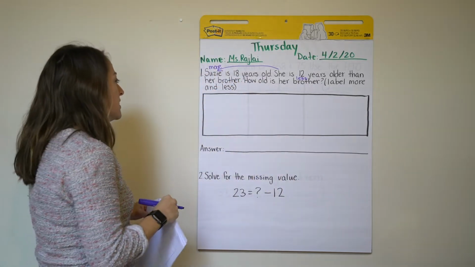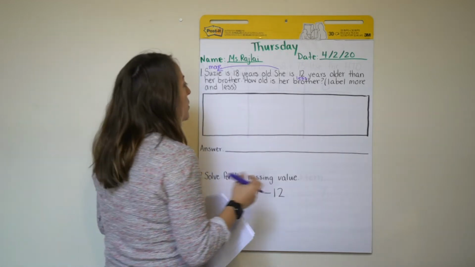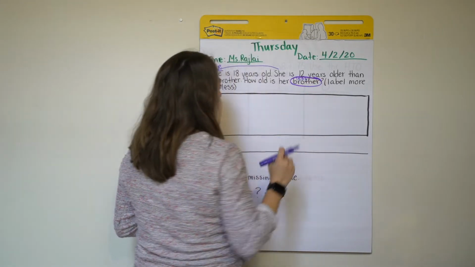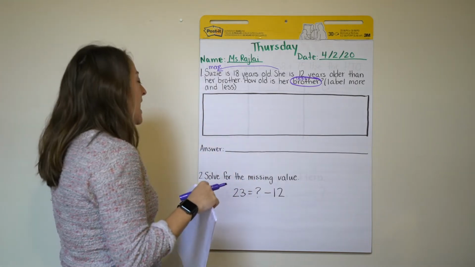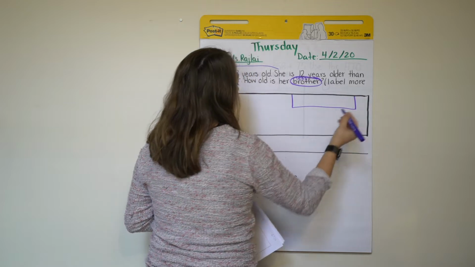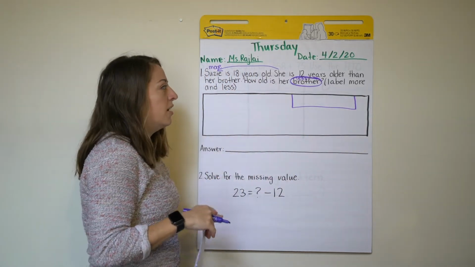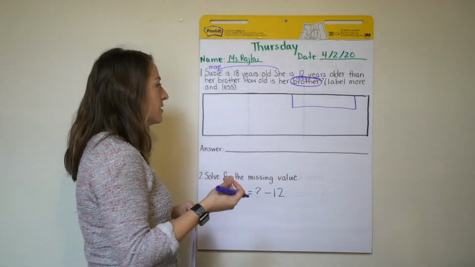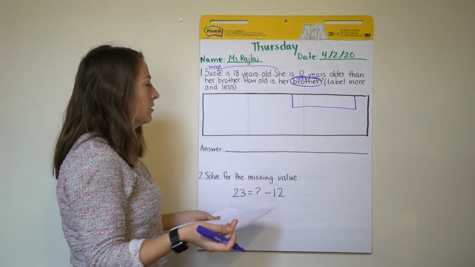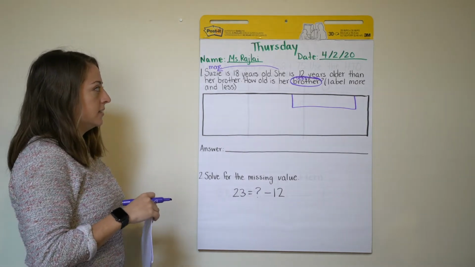Now the question is saying, how old is her brother? And since we're focusing on her brother, we're going to circle that. And he has less. Now you're going to draw a box and write what number sentence will match this word of less. So if something's less, are you going to add or subtract? Give you a moment to write your number sentence.